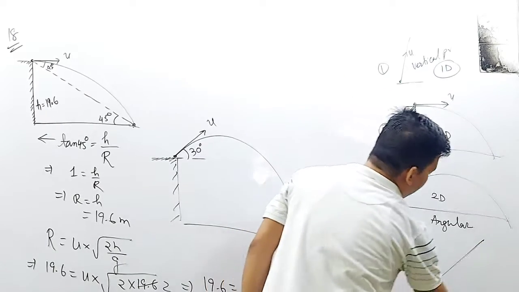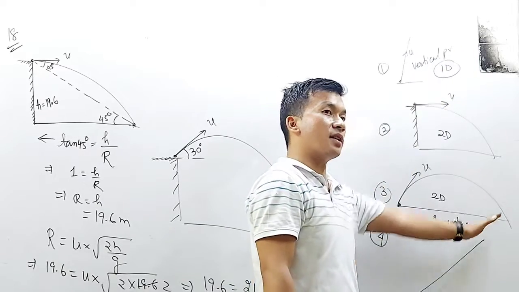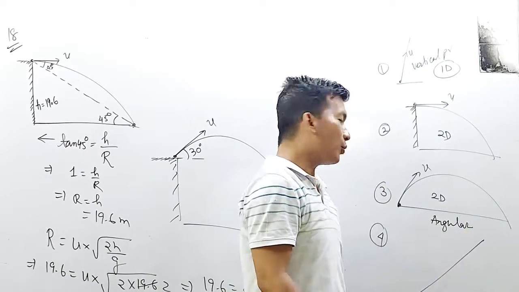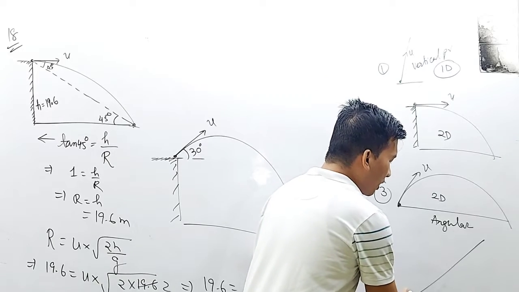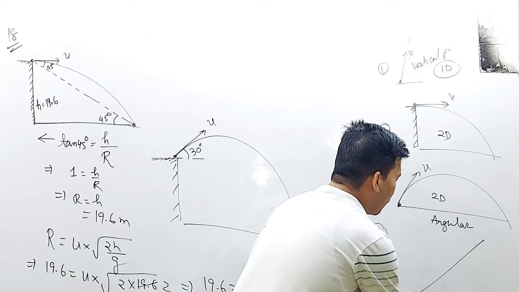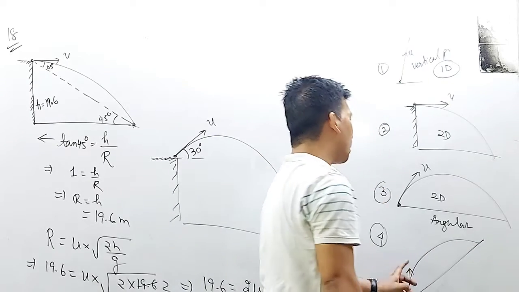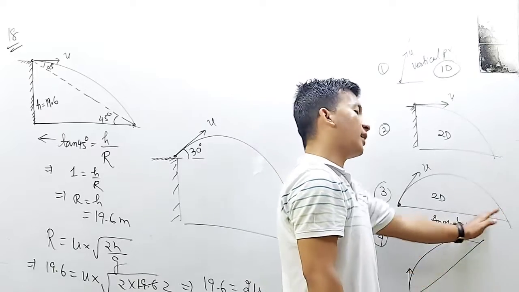So a hill is a slope. Draw this hill slope and you stand at the foot of this hill slope. Then if you throw the object like this, that is angular projection over an inclined plane.